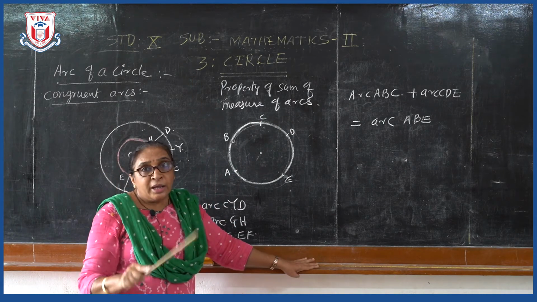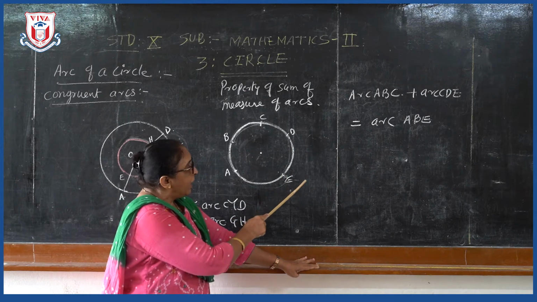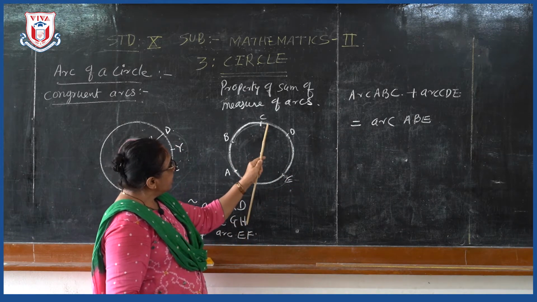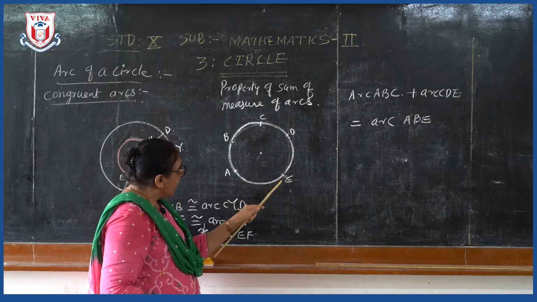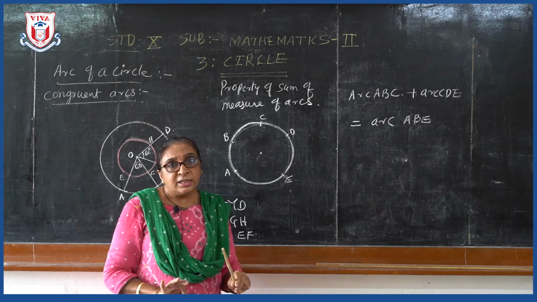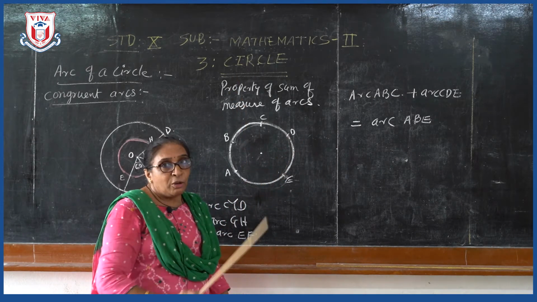While solving problems we can apply this. If you consider arc ABC, arc CDE and arc AE, the sum will be a total of 360 degrees. So, remember this property also.